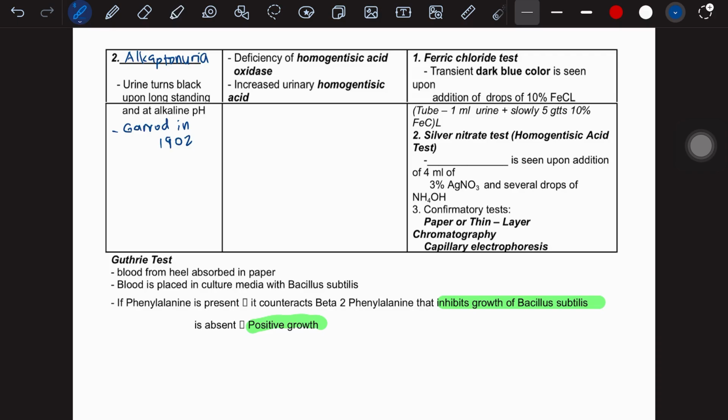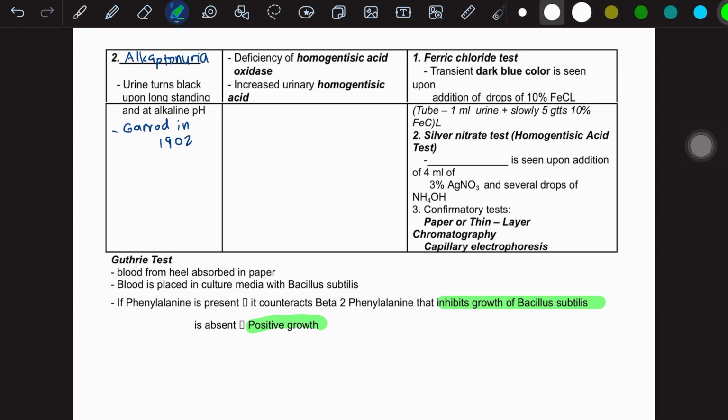So, alkaptonuria, ang iyahang name, was derived from the observation that urine from patients darkened after becoming alkaline from standing at room temperature. 'Di ba? If makarecall mo, isa sa changes sa atong unpreserved urine is ang pH, mo-alkaline siya. So, if naay alkaptonuria si patient, once the urine became alkaline, mo-darken siya.